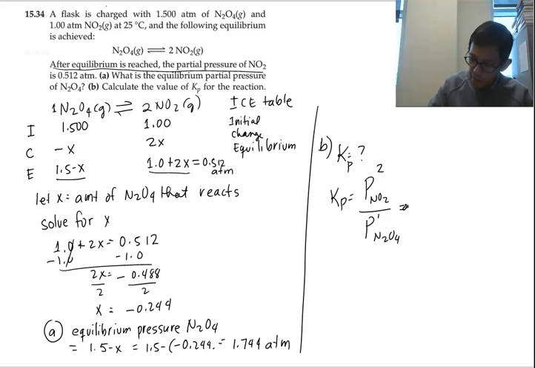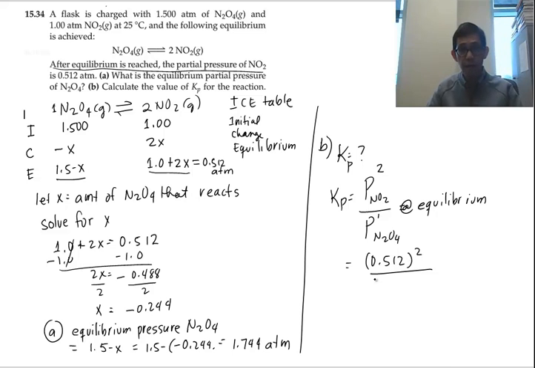And these are at equilibrium. So plug in the values. Partial pressure of NO2 at equilibrium is 0.512, it's given, squared, over partial pressure of N2O4 from our calculations, 1.744 raised to the first, and you should get 0.15.